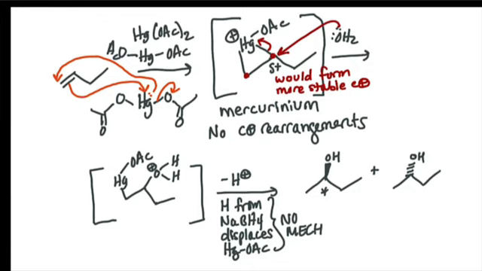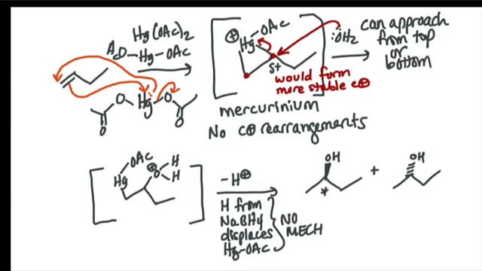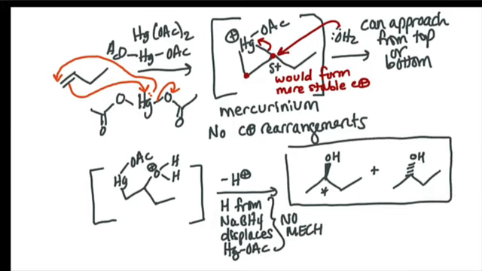That is to say that the water here at the beginning of this mechanism, the water can approach from either face of this intermediate, from top or bottom, with equal likelihood, because it is a planar intermediate, and so we get water adding in from the front and from the back, giving us both possible stereochemical consequences.